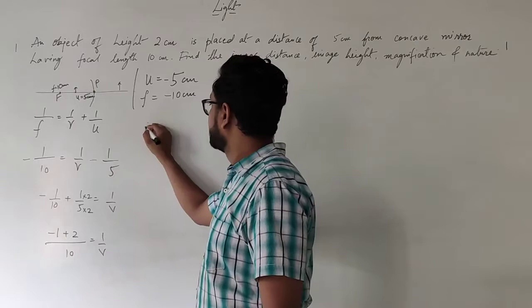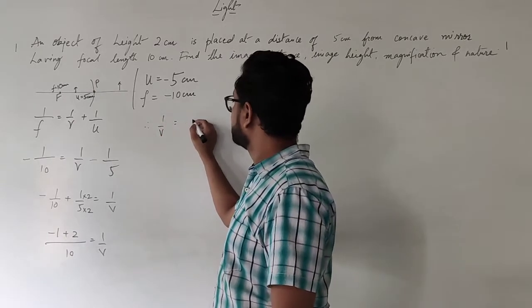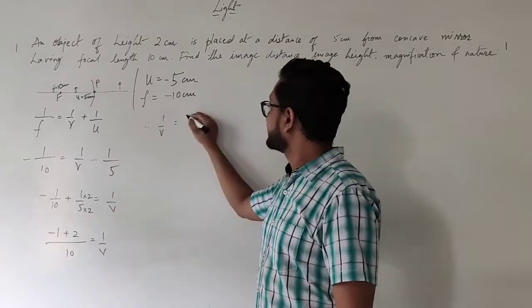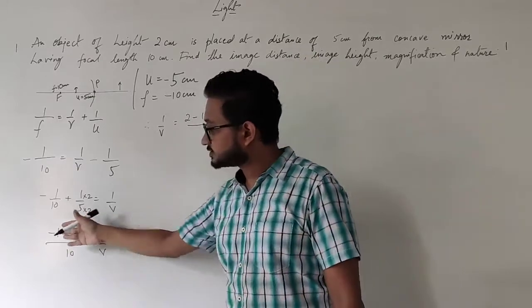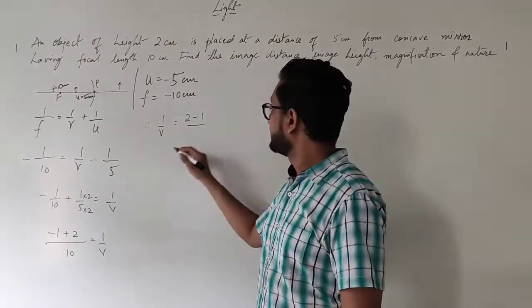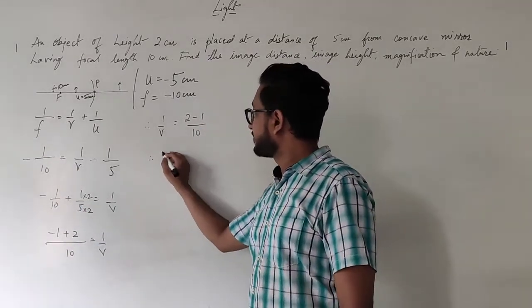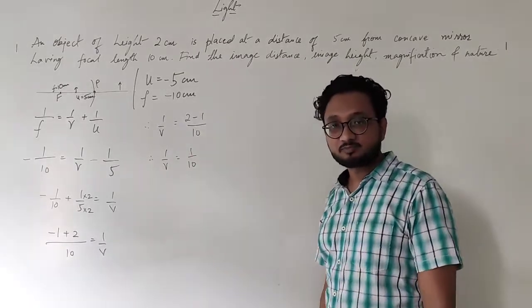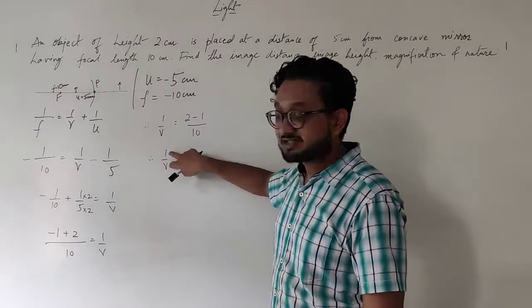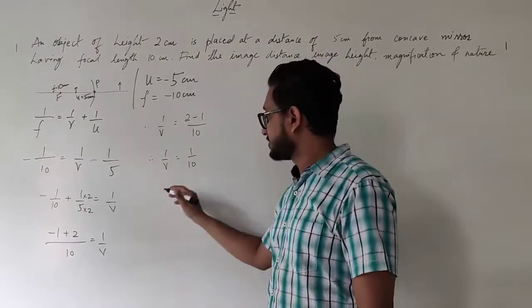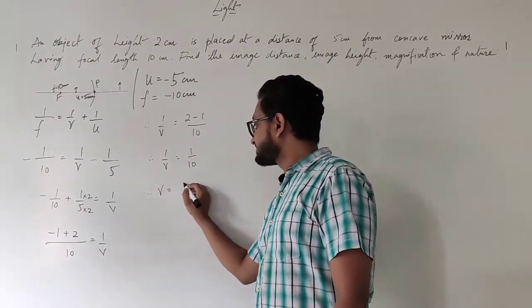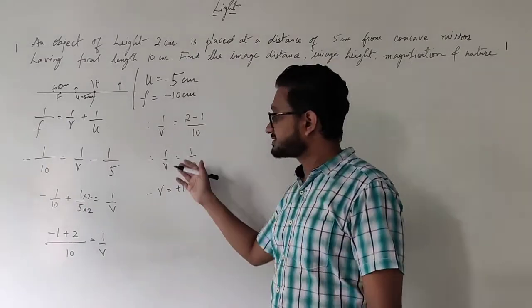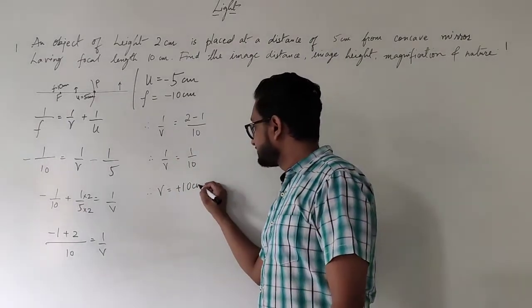Therefore I can write 1 upon v is equal to 2 minus 1 upon 10. Therefore 1 upon v is 1 upon 10. Now when I take the reciprocal of this, I have to take the reciprocal of this as well. Therefore v is equal to 10, and because there is no negative sign, it means it is plus 10 centimeters.